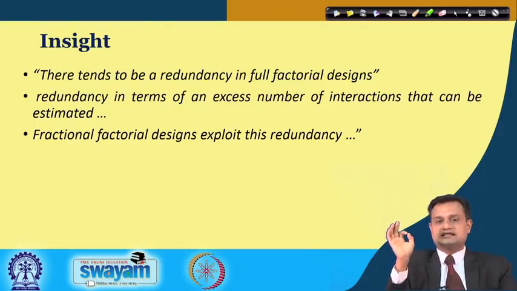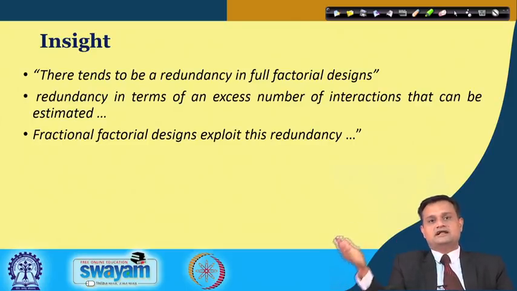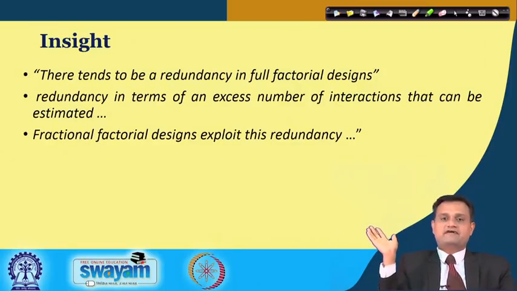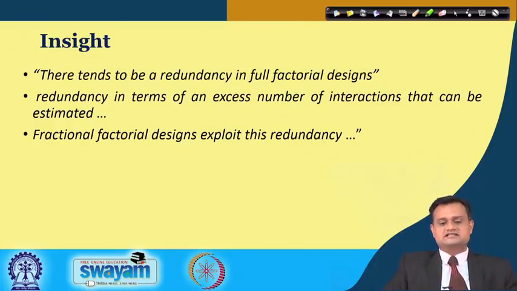If you can figure it out, you will automatically come down to estimating only those effects, main or interaction, which are really important, vital few and significant, and you will exclude all other effects from your list of estimation, and your number of experimental runs will drastically go down. So the redundancy is in terms of the excess number of interactions that can be estimated, and fractional factorial design basically exploits this redundancy.